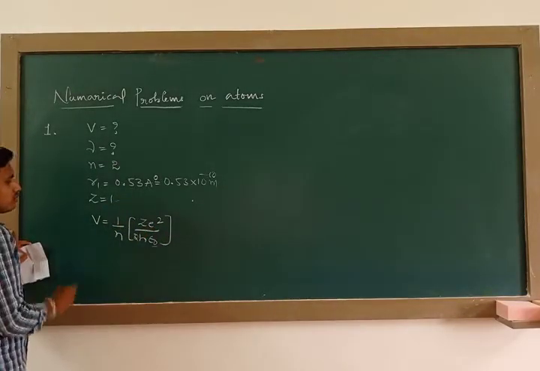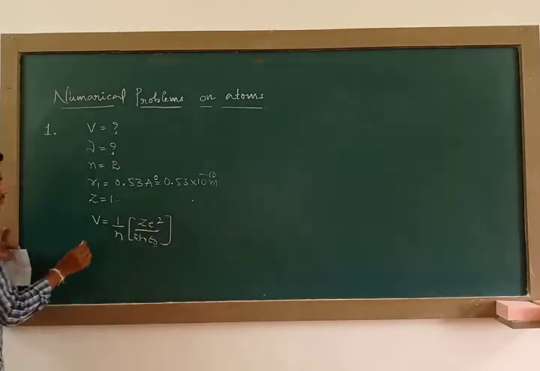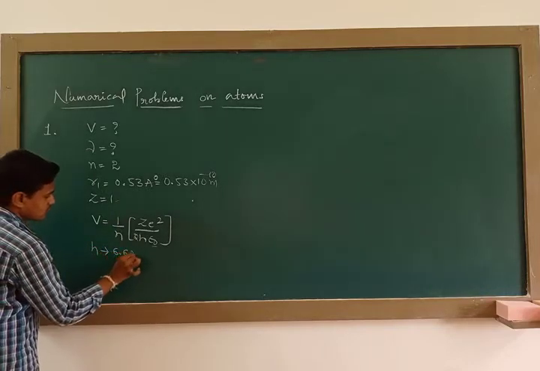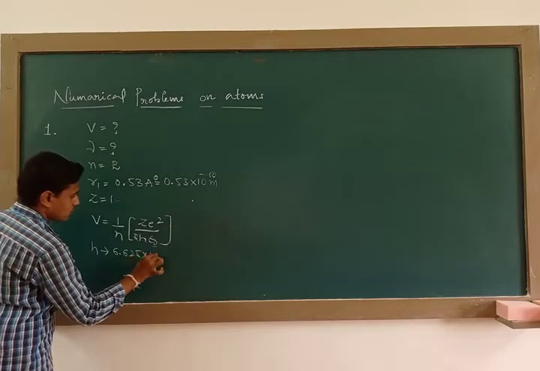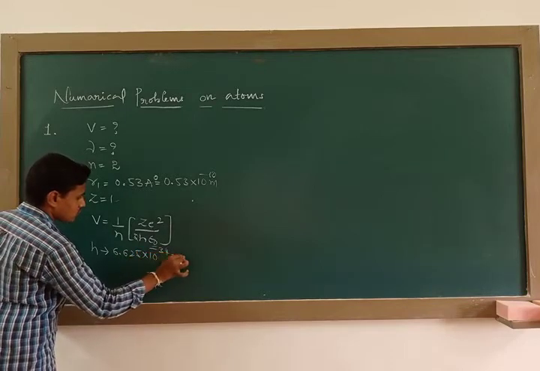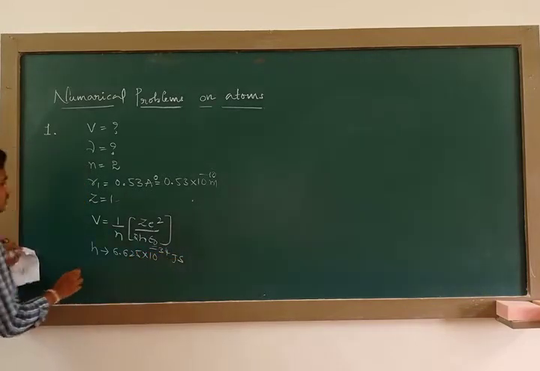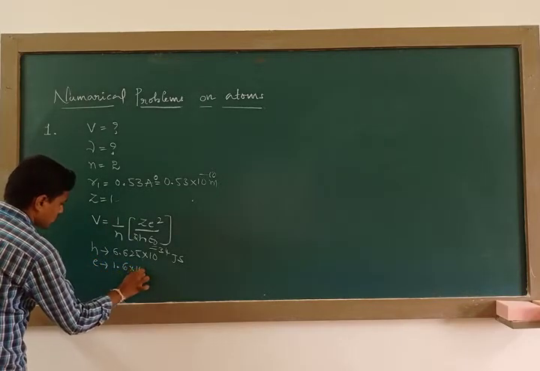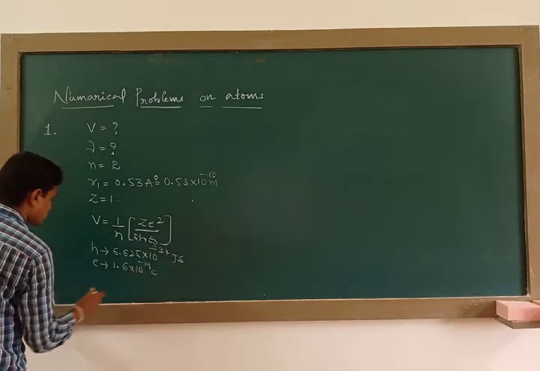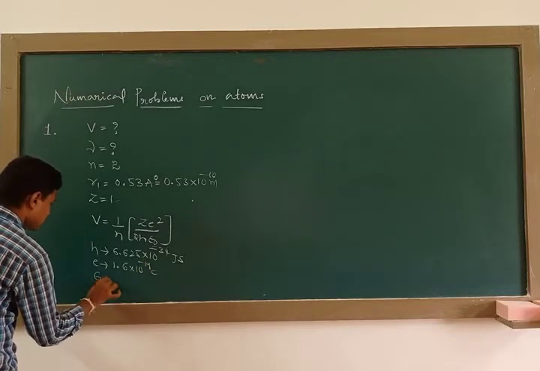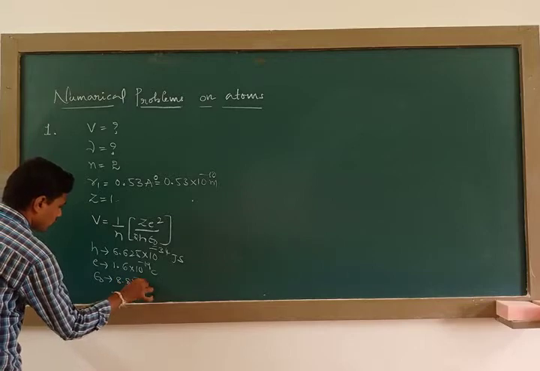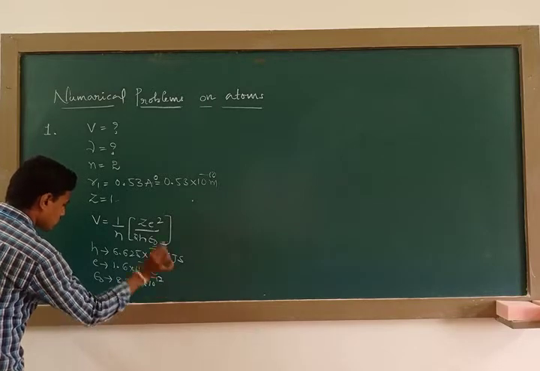So here I still require more data, that is the Planck constant, 6.625 into 10 raised to minus 34 joule second, the value of e, 1.6 into 10 raised to minus 19 coulombs, and the value of epsilon naught, 8.854 into 10 raised to minus 12.